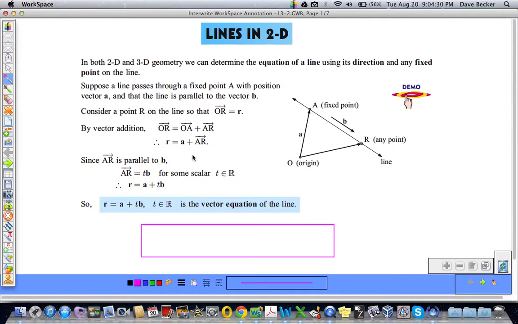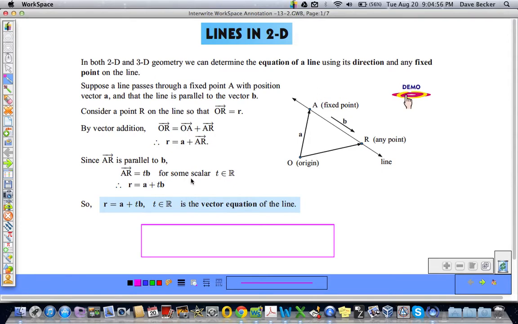And since vector AR right here, from here to here, is parallel to B, and we know that because this line is parallel to B, then vector AR is equal to some multiple of B. In this case, it looks like vector AR might be twice the size of vector B. So maybe this T is a 2.